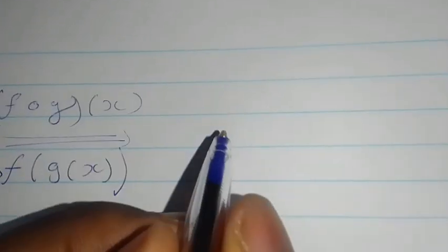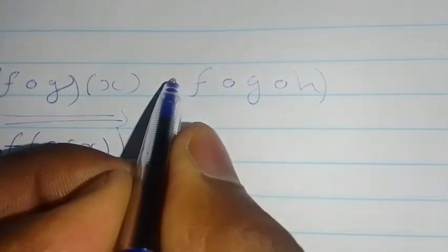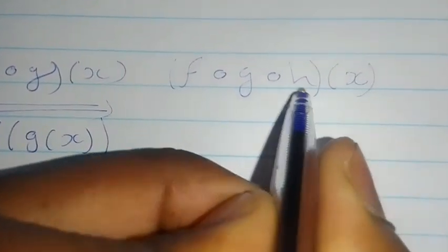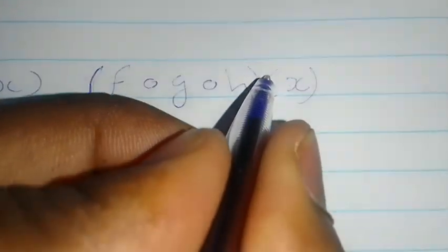You can also have a composition of more functions, f compo g compo h. So you have something like this. Basically, it's the same procedure in this one. So let's focus on what this notation means.